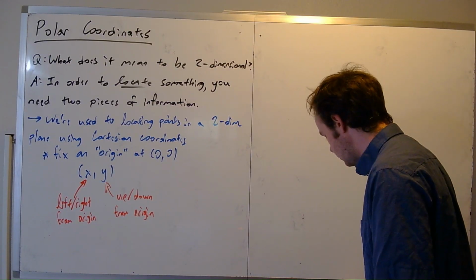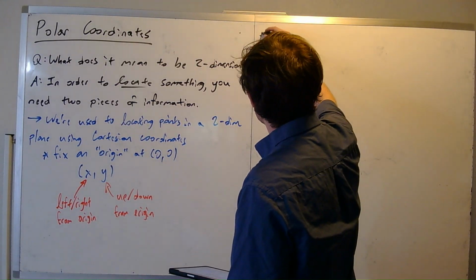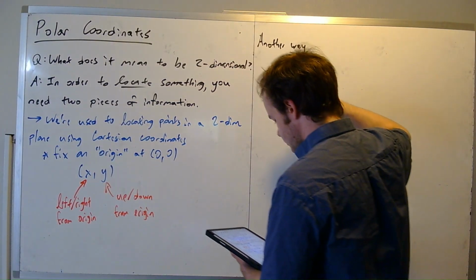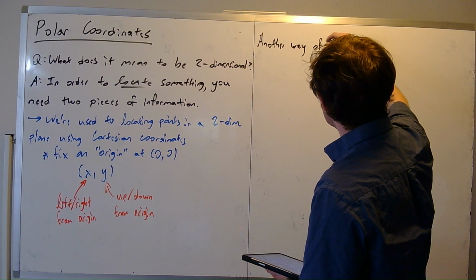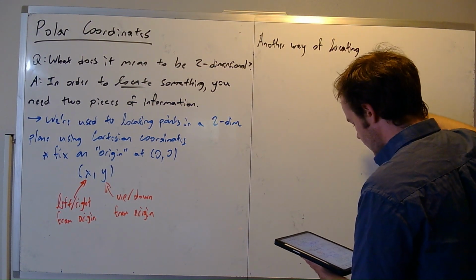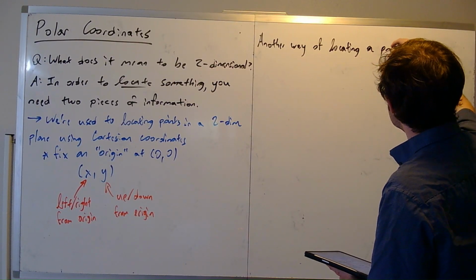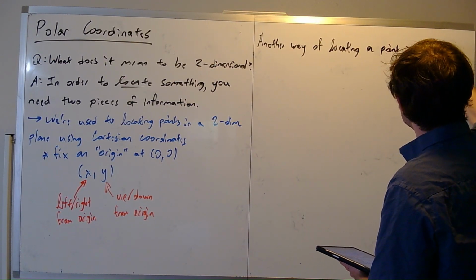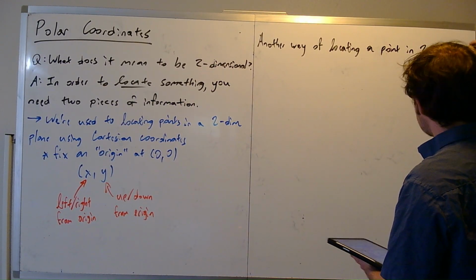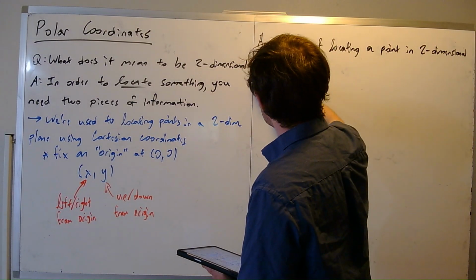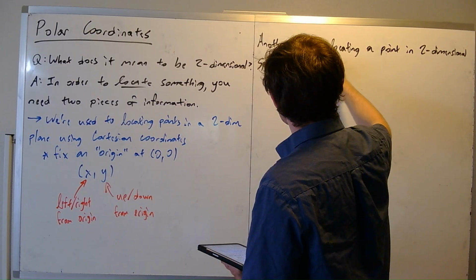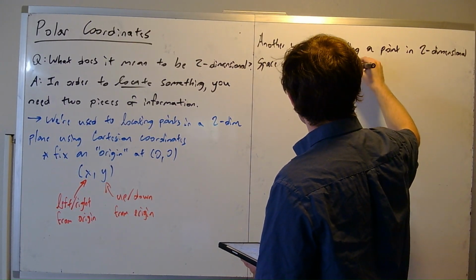But we actually have another way. So I'll say here another way of locating a point in two-dimensional space is with polar coordinates.